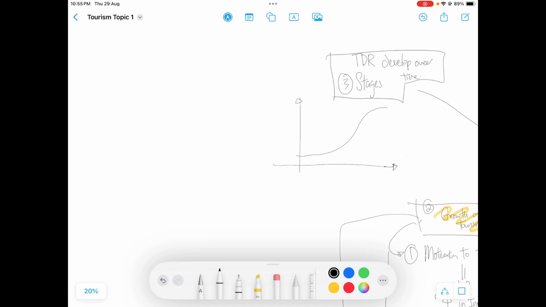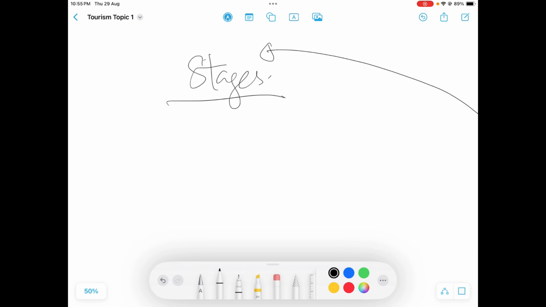explain the different stages. Okay, first of all, let's talk about the stages. What are the different stages? The first stage, exploration. What are the main characteristics?